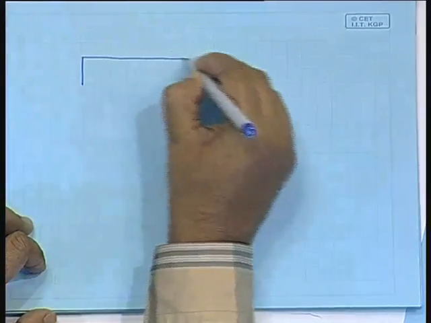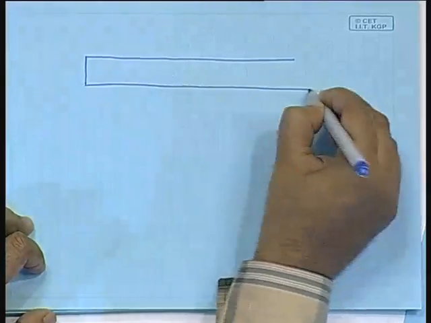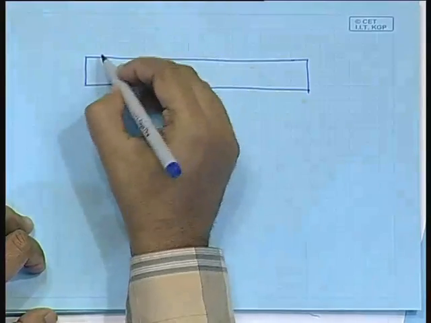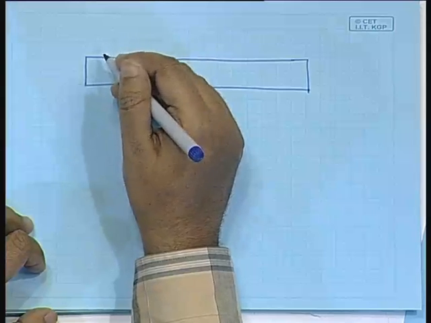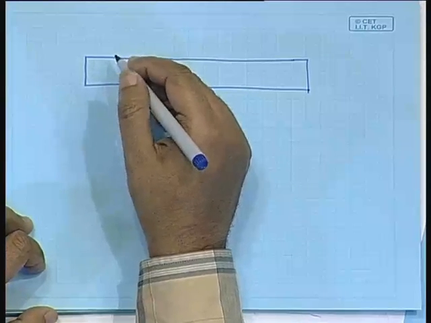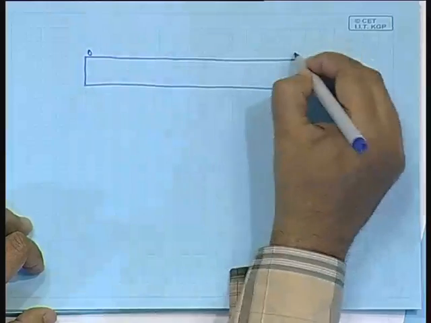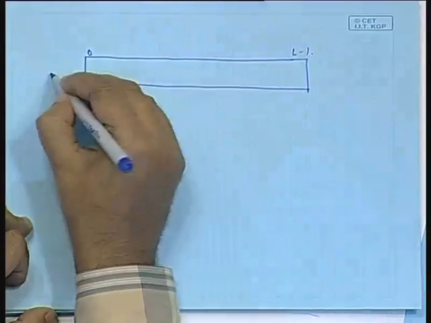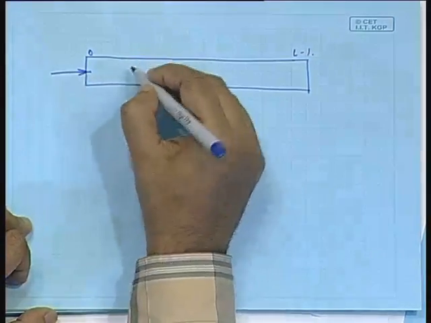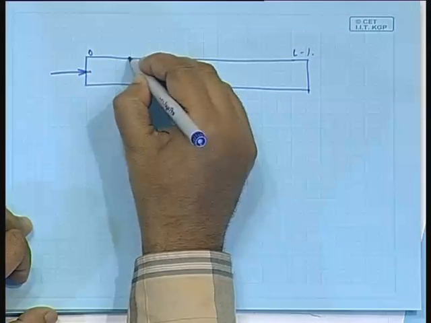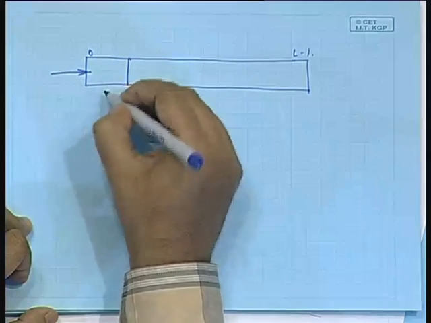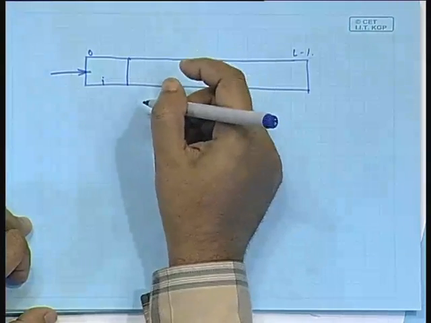What we have to do is consider the total length of the buffer. We consider an input buffer of length L, and we have the samples coming in, and then we have the sample indexes as i.